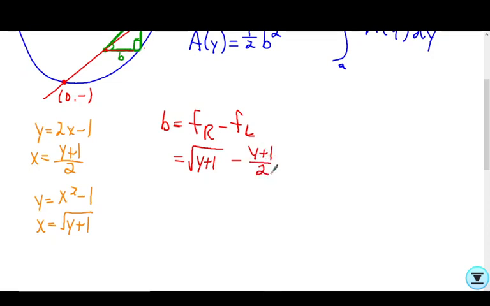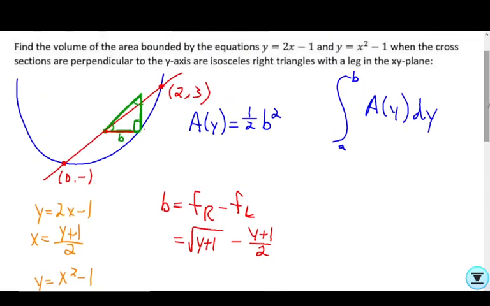And then plug that into your area equation over here, which means it's going to be 1/2 times the square root of y plus 1 minus (y plus 1) over 2, squared. Okay?